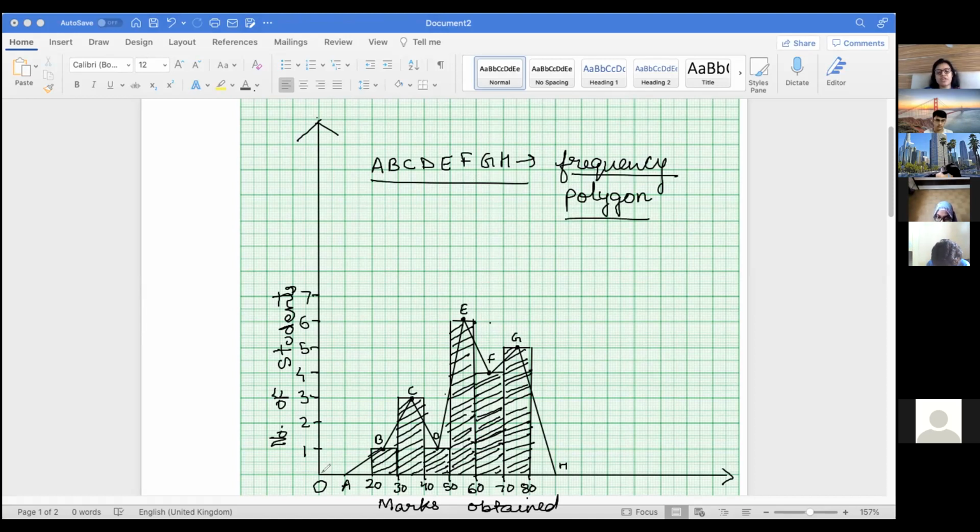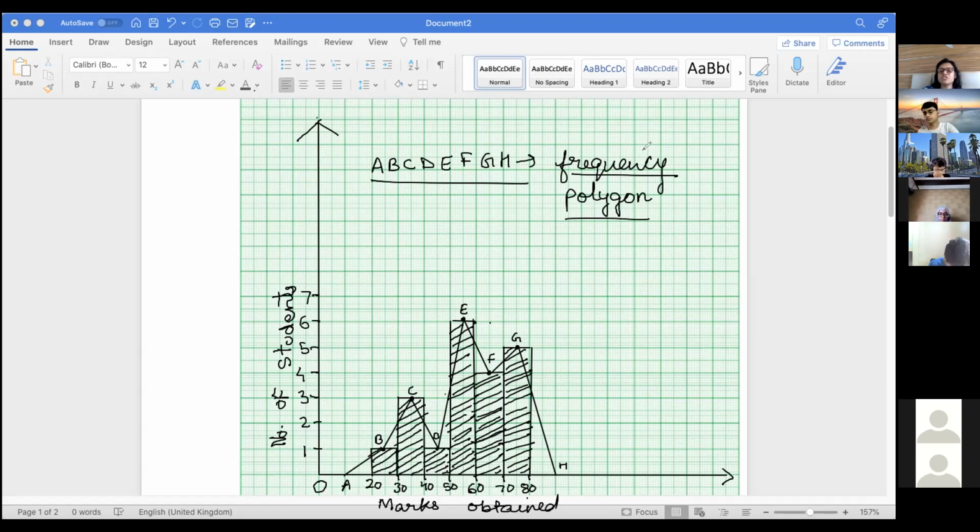Before that, here a gap is left between 0 to 20. But if some tables start from 0 to 10, then you won't have any gap. For example, I'm giving you one question from the textbook. Everyone completed this? How to draw the frequency polygon? Just join the points, and you'll get the frequency polygon.